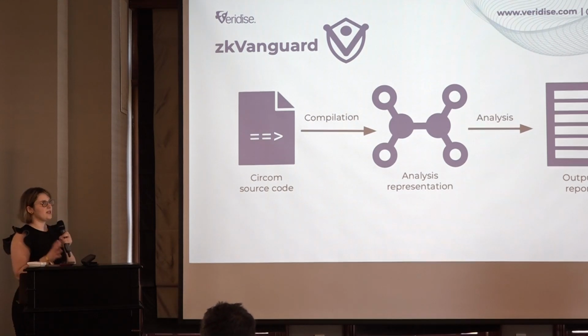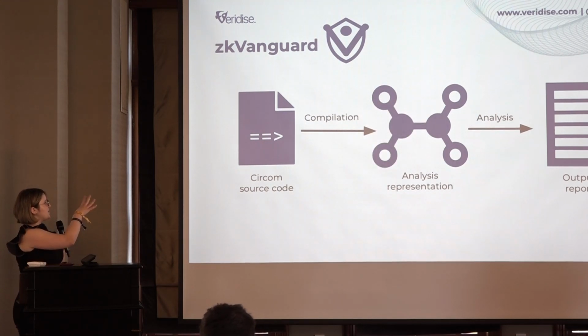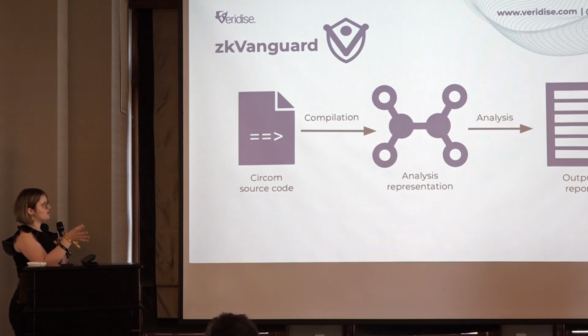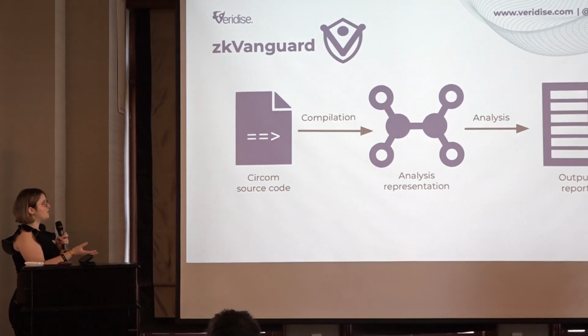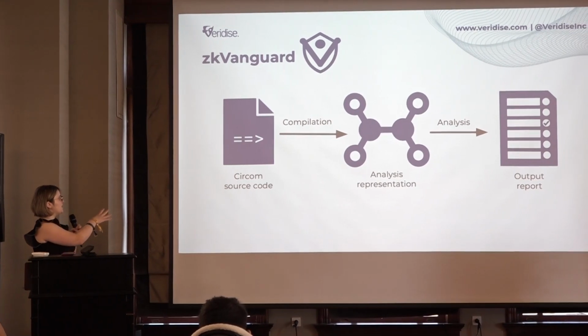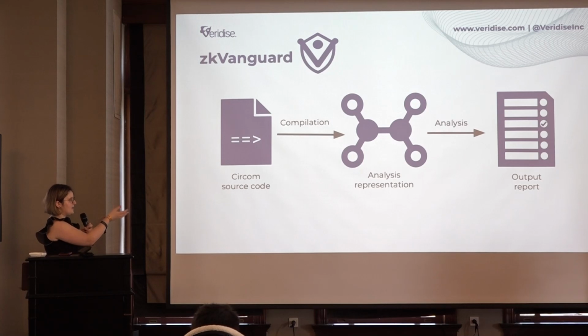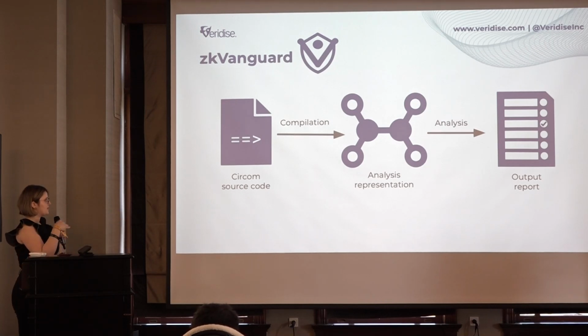All right, so as I initially mentioned, ZK Vanguard is a static analysis tool. What you see on this slide is the general workflow of a static analyzer. Basically, we start with the source code. We compile the source code into some analysis representation, something that can be used by the analysis phase to figure out if there is indeed a vulnerability in the code base.